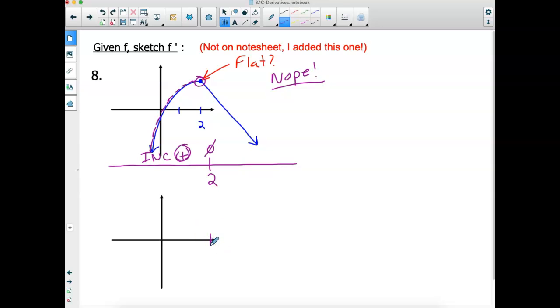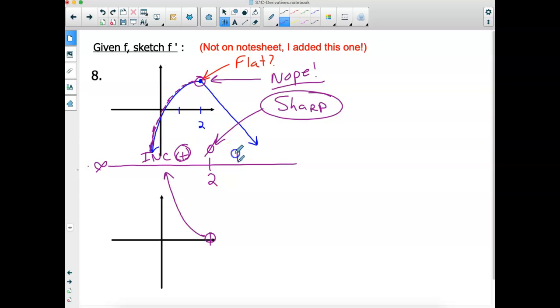Because it's not flat, but because it's sharp, the derivative doesn't exist. If it doesn't exist, it's open, okay? So I'm way out here at negative infinity, very positive, and I come into 0. What does that look like? That kind of looks something like this. And don't think that that's a vertical asymptote, because it's not. It's parabolic. It appears to be parabolic.